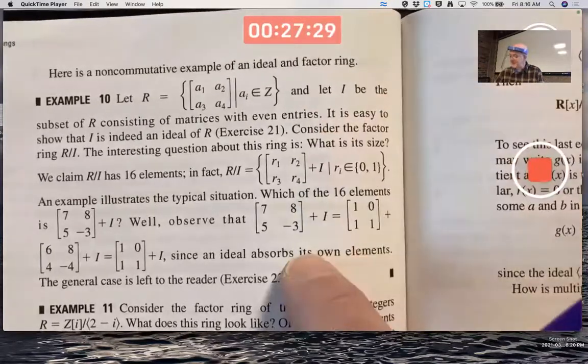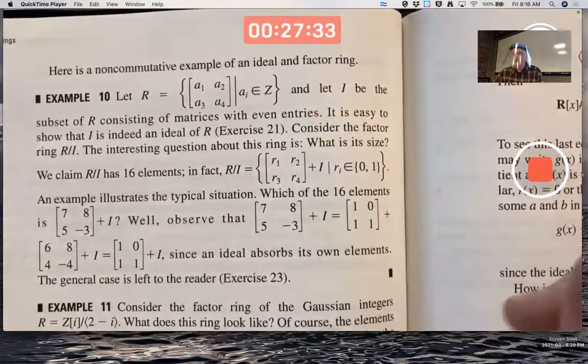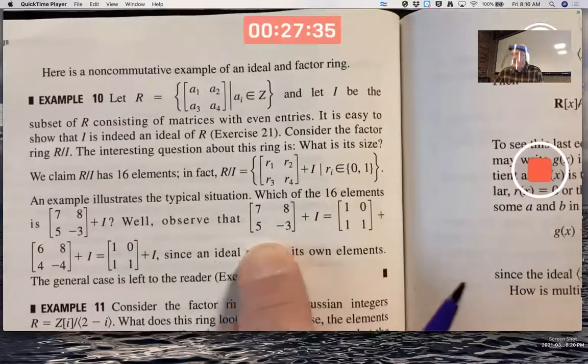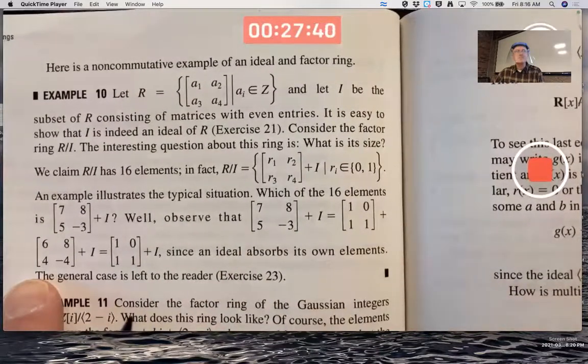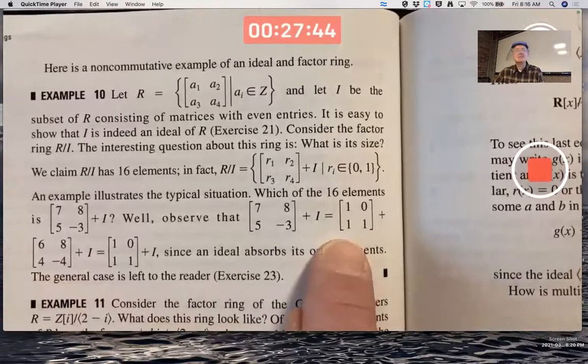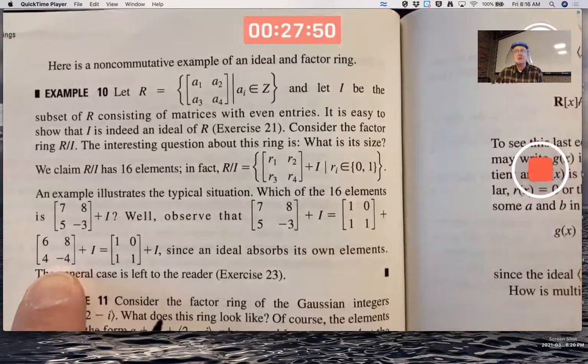And the trick, based on the fact that I consists of matrices with even entries, is to rewrite this matrix as the sum of two matrices, where this one has just zeros or ones, and this one has all even entries. And you can always do that.